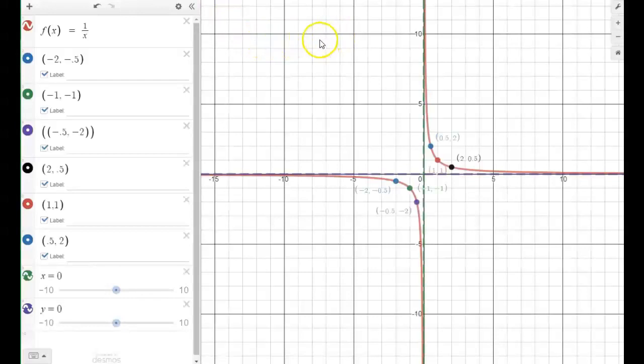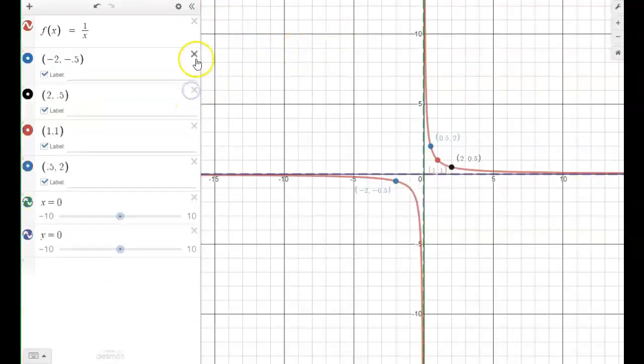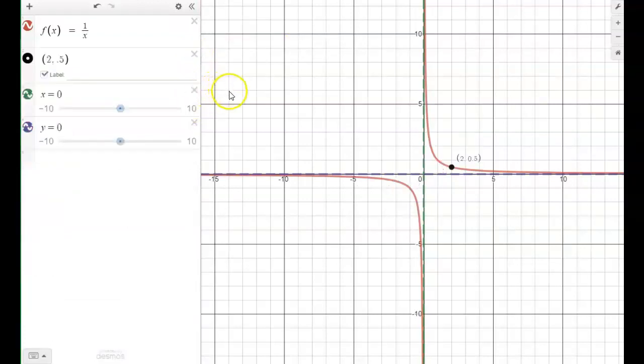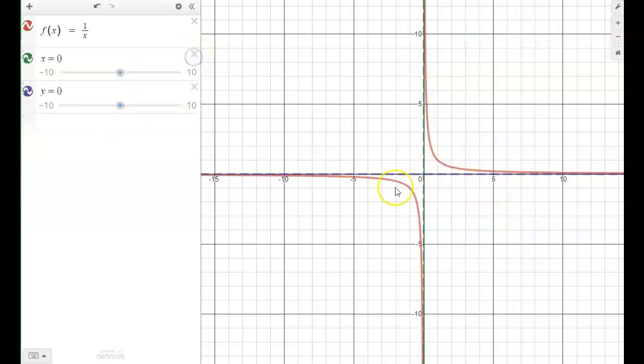So let's go back to Desmos for another demonstration. I'm going to get rid of all these dots. We don't really need these for the next demonstration. But what I do have on here is my graph, and I also have my vertical and horizontal asymptotes. Now, as you guys remember, if you ever add a number to your function, what happens to your function?